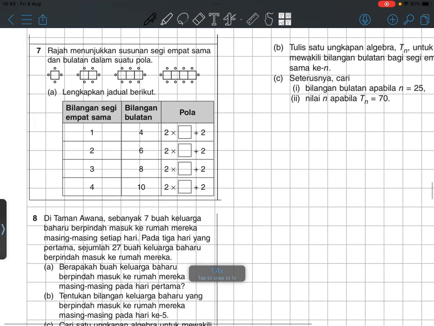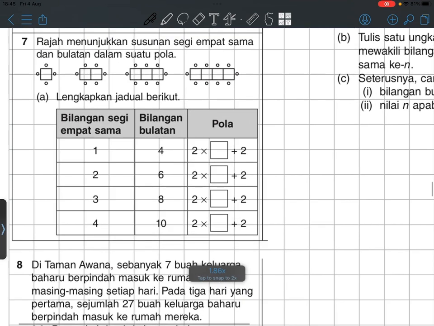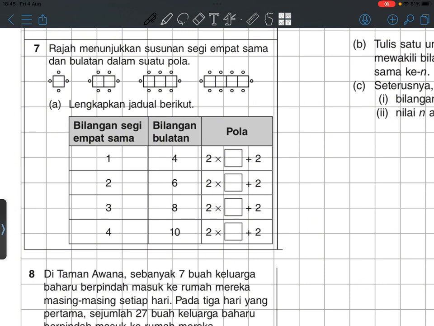So question 7 is, the diagram shows the pattern or a sequence of squares, sorry, this is not rectangle, it's square, and also circles. So we need to complete the table like here.